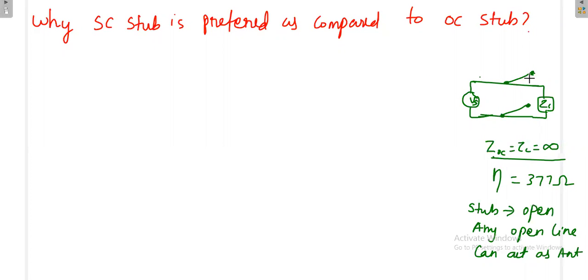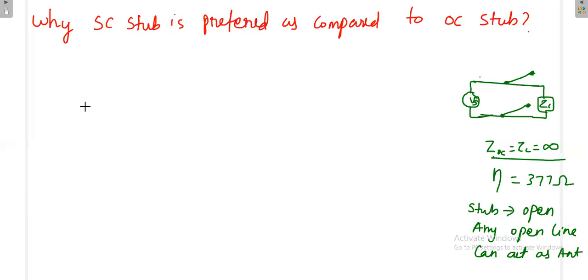That particular section will start radiating. Any line conductor, open circuit line, can act as an antenna. So once it is open, the signal available here will start radiating in the air. Unwanted radiation will be present, and our circuit will also malfunction. These are the two reasons why the open circuit stub is not preferred.